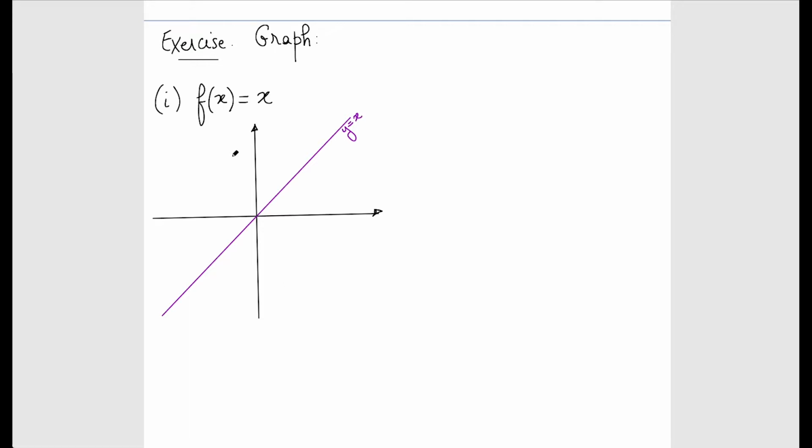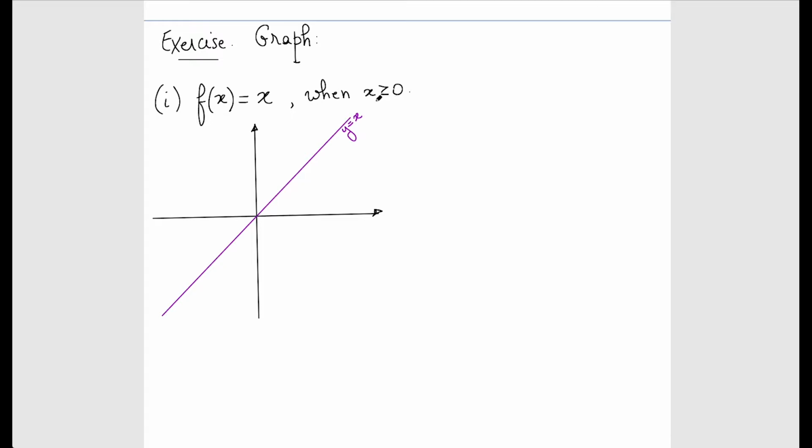All right, now let me add an additional assumption on the x. So I want you to graph f of x equals x, but only for those x which are greater than or equal to 0. So I wanna consider the function f of x equals x just for those inputs, right?